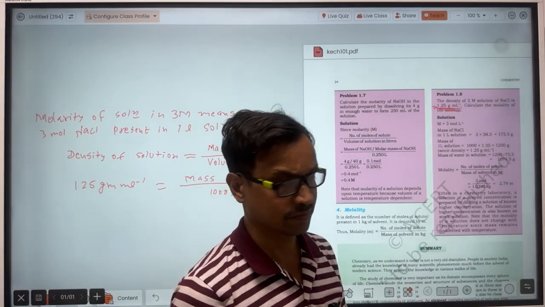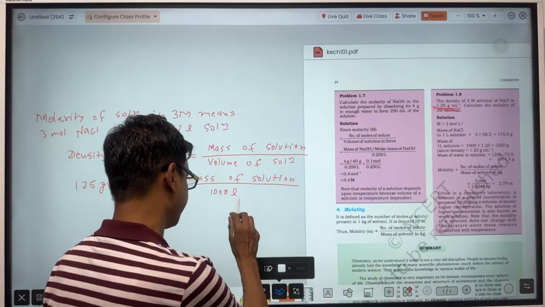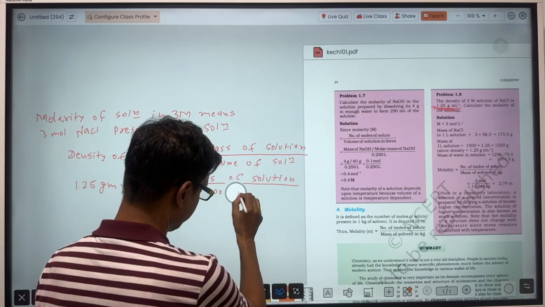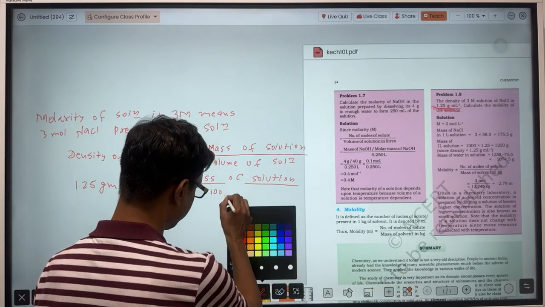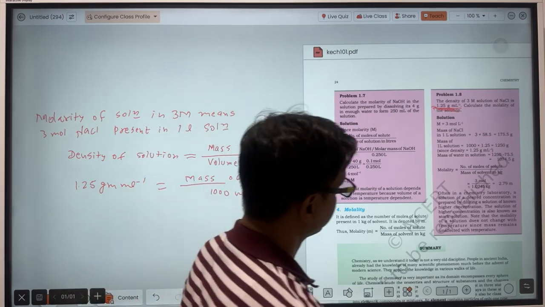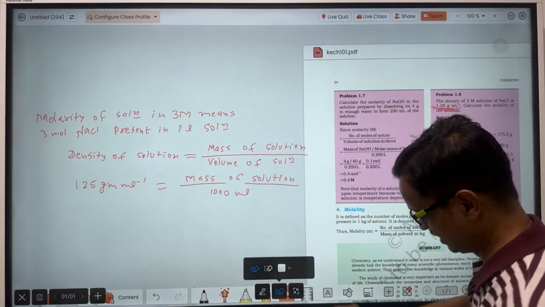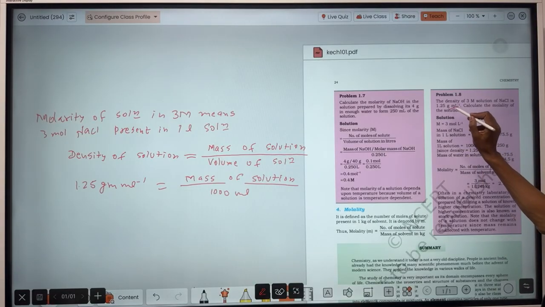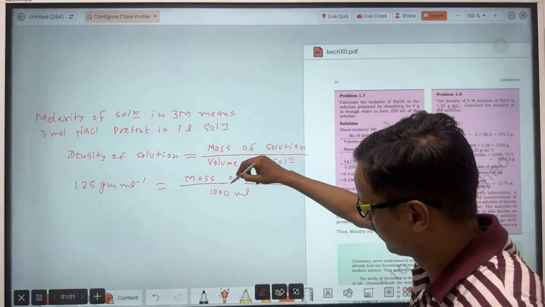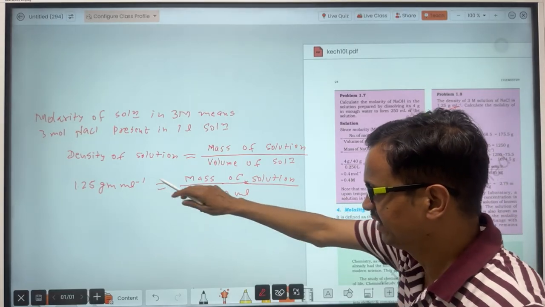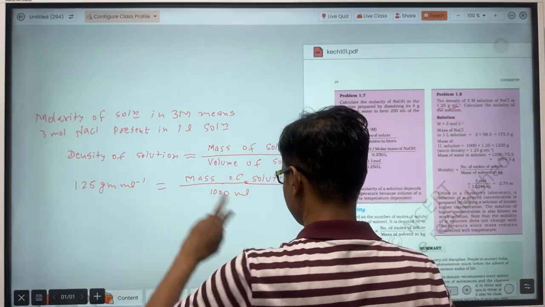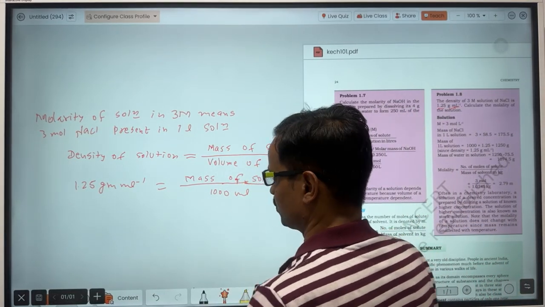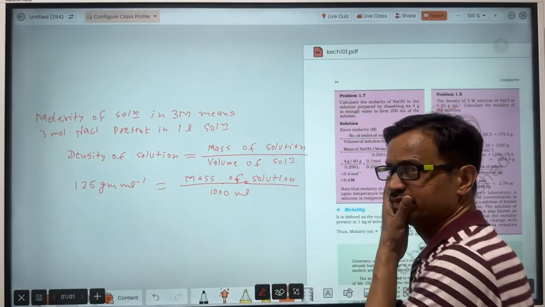Why have I taken 1000 milliliter? Because 1 liter is 1000 milliliter. Density has been given here in gram per milliliter. So if we take volume in milliliter, then we will get the mass of the solution in gram.